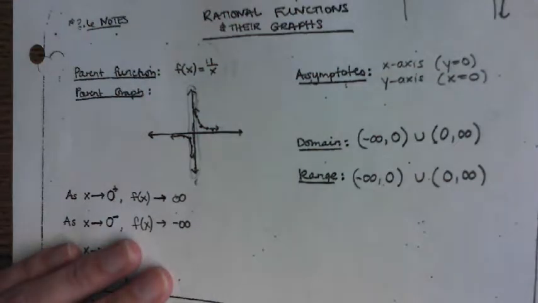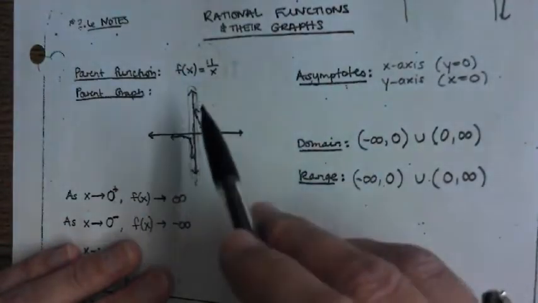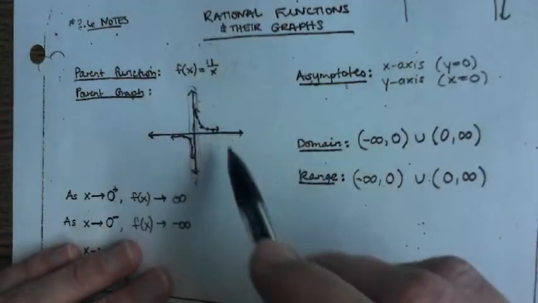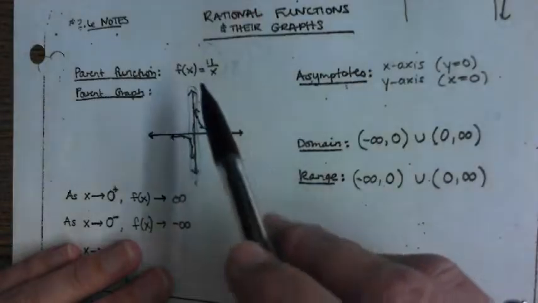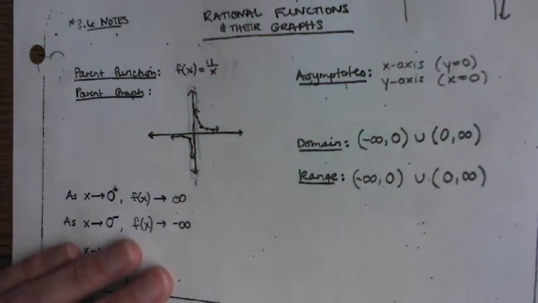As I approach a vertical asymptote, your graph, because it can't be crossed, right? Vertical asymptotes cannot be crossed. Your graph will either shoot up towards infinity or negative infinity. So anytime you're approaching a vertical asymptote, your f of x will be approaching either infinity or negative infinity. Does that make sense? Okay.